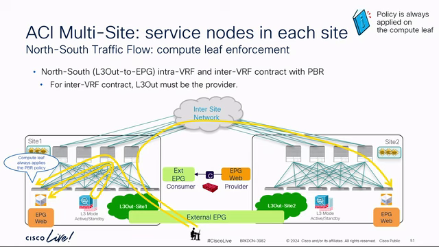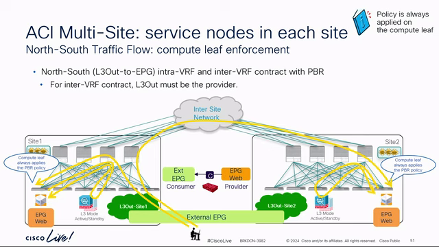If traffic is coming through site 1 going to site 2, policy is applied on the compute leaf, then the firewall in site 2 is selected. For the return traffic, again, the same compute leaf will apply policy, choosing the same firewall so that we can keep traffic symmetric.